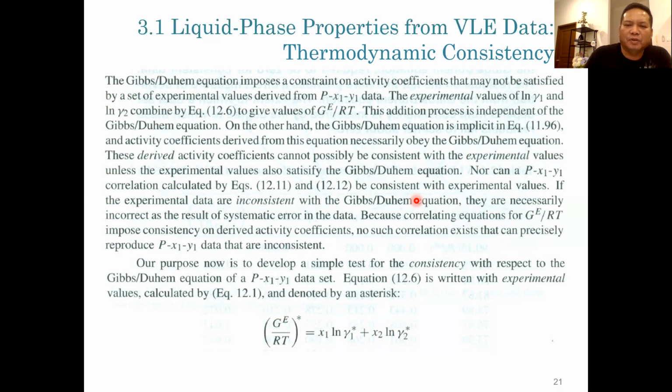In thermodynamics, we call this thermodynamic consistency. For this consistency, we can rewrite it into this form here, using the asterisk, just the asterisk to test the consistency. We have seen this equation before, equation 12.1.